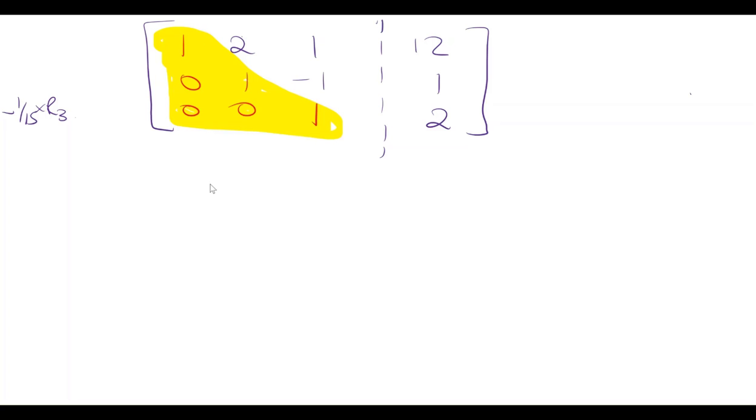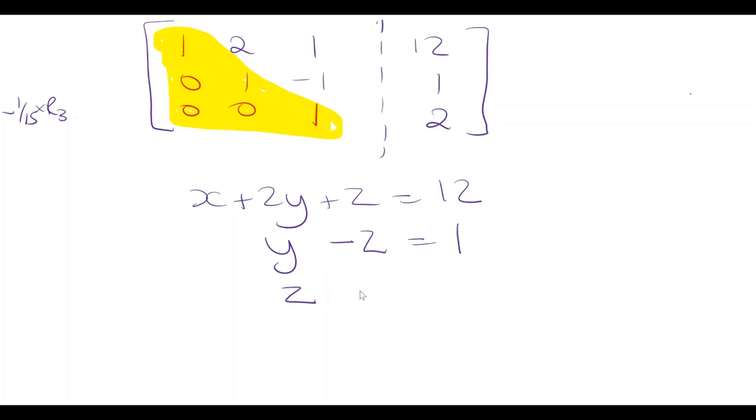So this would be x plus 2y plus z is equal to 12. So this will be y minus z is equal to 1. And this is going to be z is equal, wrong column. Let's write it over here. z is equal to 2.